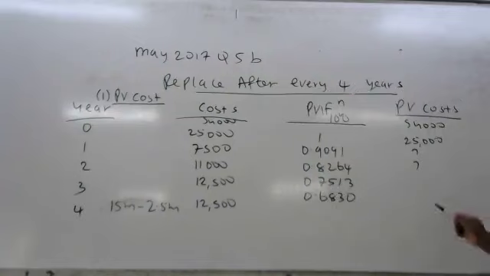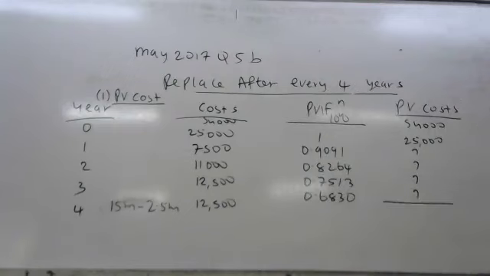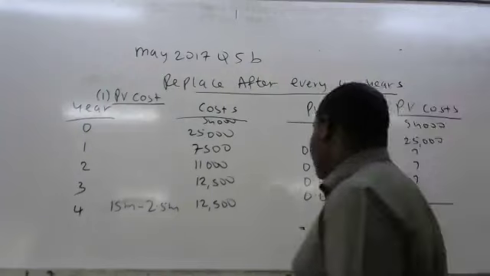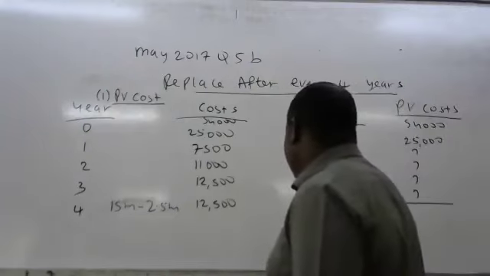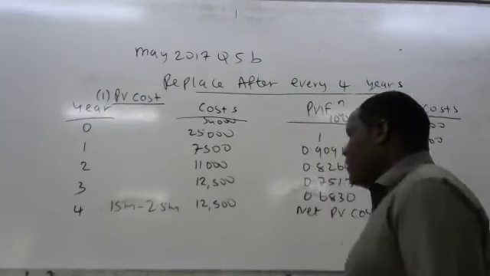So you repeat the sum, then you will be getting the net present value cost.